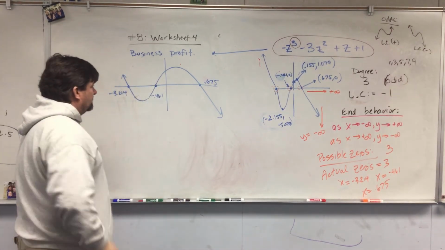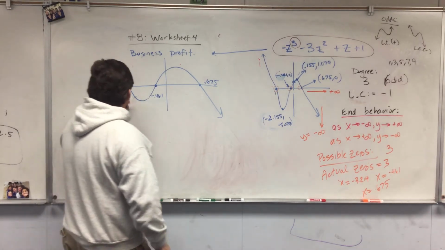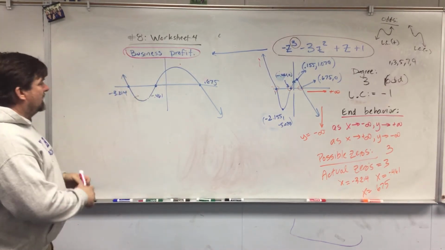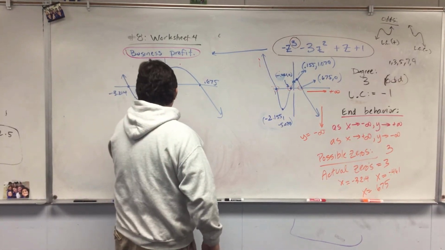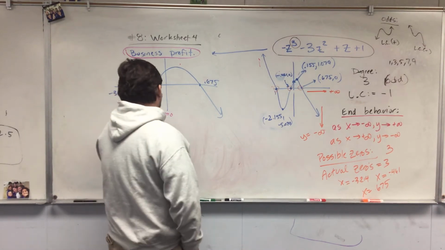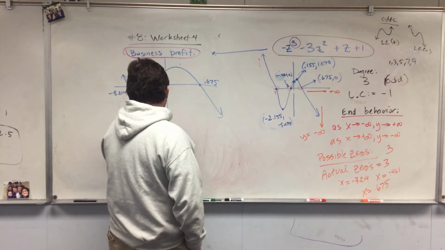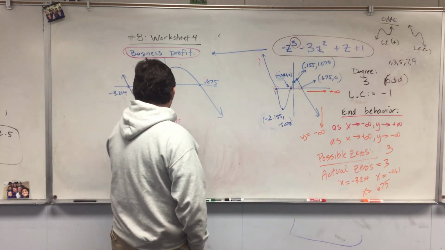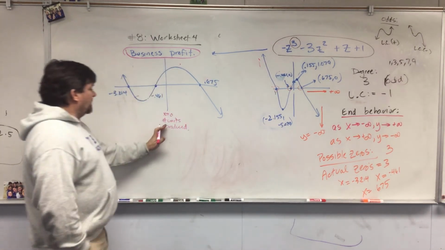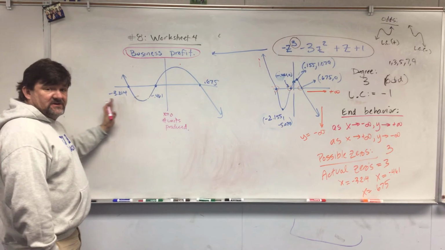We also have a couple of different things here. So if this is about the business profit, and this is x equals 0, right? And this is, let's say, the number of units produced. Can we have negative units produced?